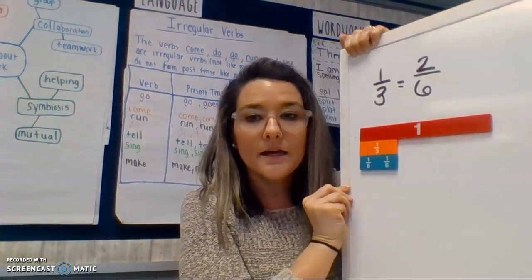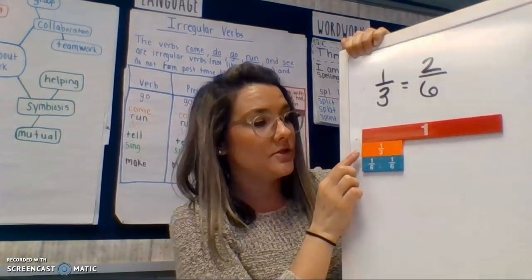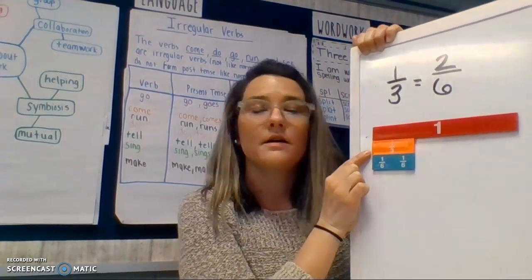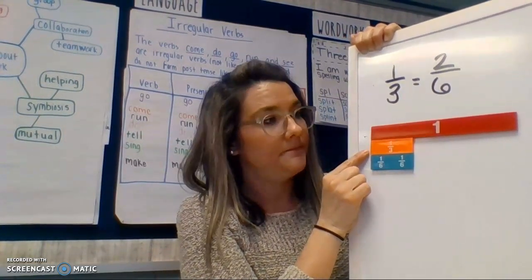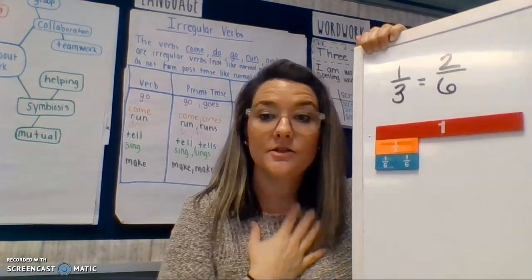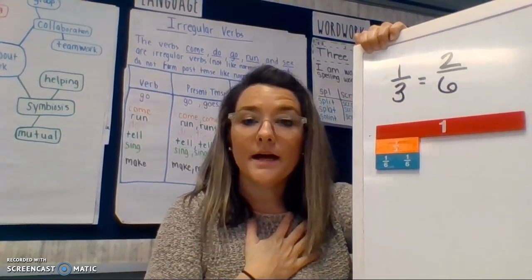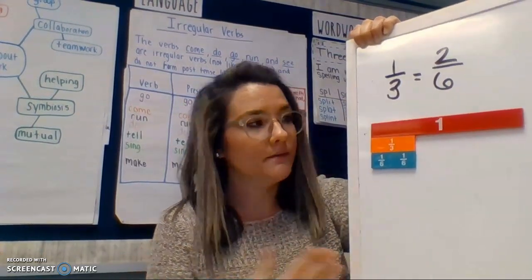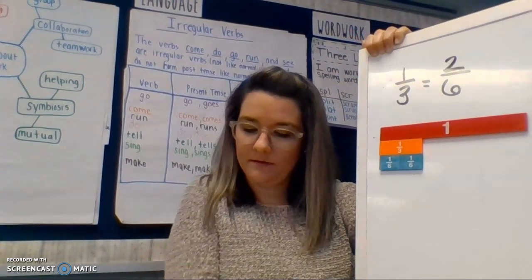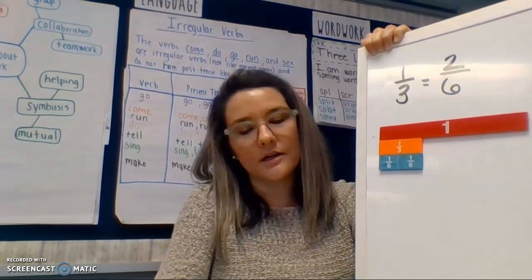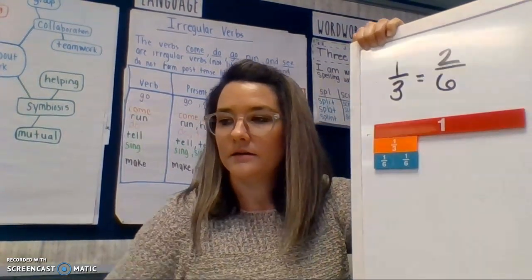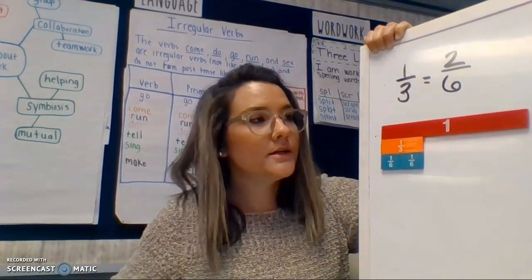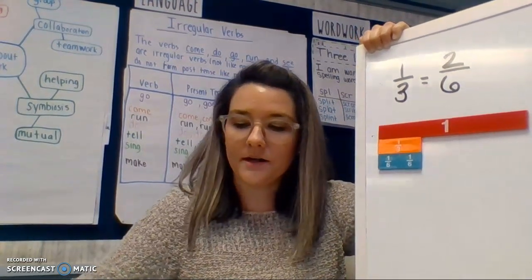So if my friend Ella said that she had 1/3 of a brownie, and I had 2/6 of a brownie, we would have the same amount. Okay, just cut differently. So double check on your number lines. Do your number lines represent this equivalent fraction?